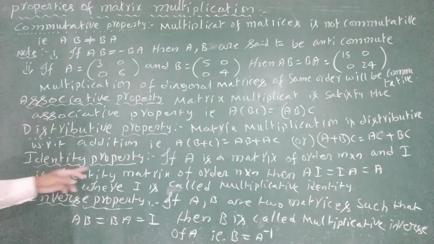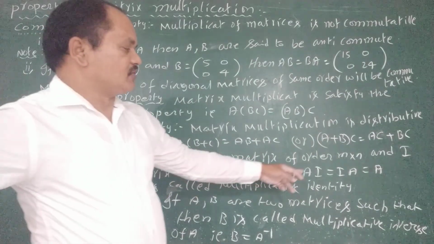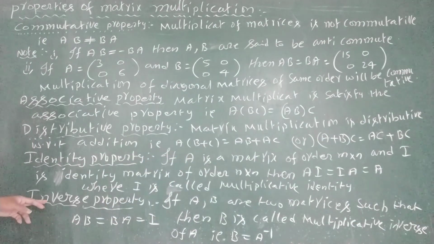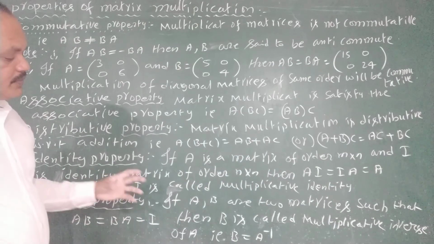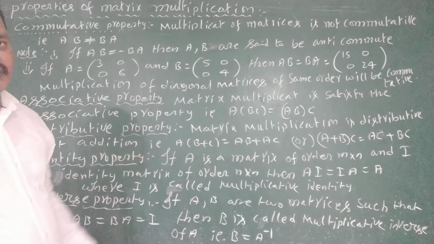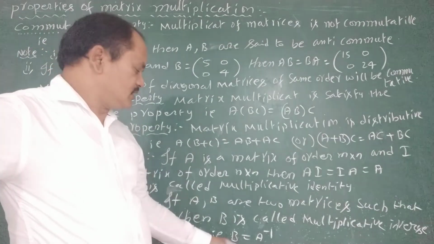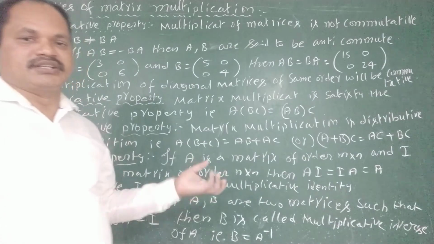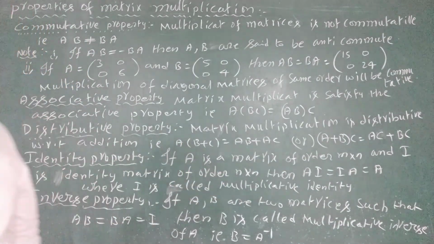Now this is the identity property, where AI is equal to IA is equal to A, and I is called the multiplicative identity. Here the inverse property: AB is equal to BA is equal to I, where B is called the multiplicative inverse of A, that is, A inverse. Actually, this inverse is matrix inversion, it is different. Okay, that's all. Now these are the properties.